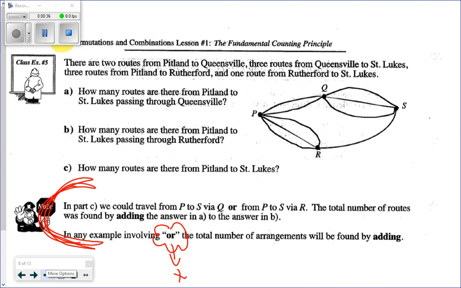If you use the word "and," it means times. So you'll hear me really overemphasize those two words. For example, I will say, do you want to do this and this and this, or do you want to do this or this or this? So the words "or" and "and" become really important in this unit.